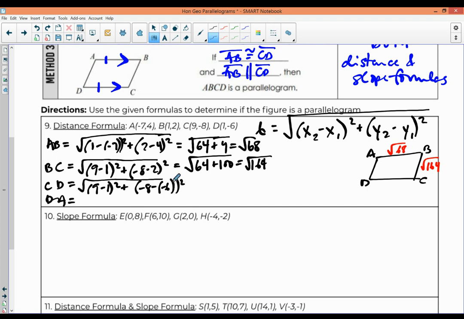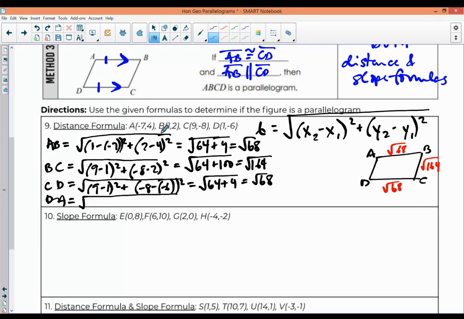Doesn't matter the order that you go in. So then I have 64 plus negative 2 squared is 4. Square root of 68. What do you know? So far, so good. We just need to find DA. DA, got that. Anyway.